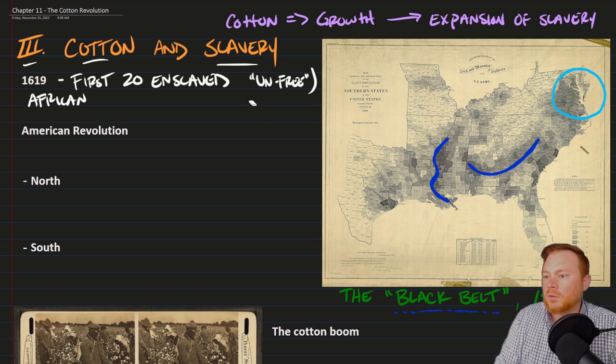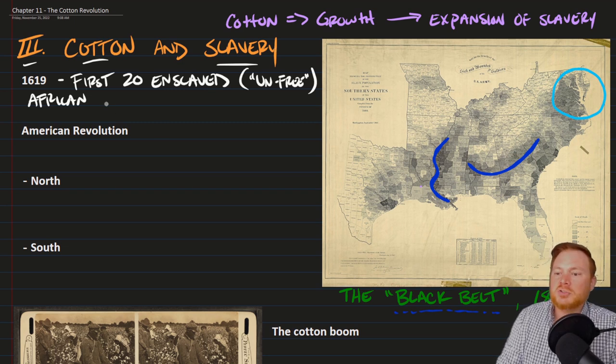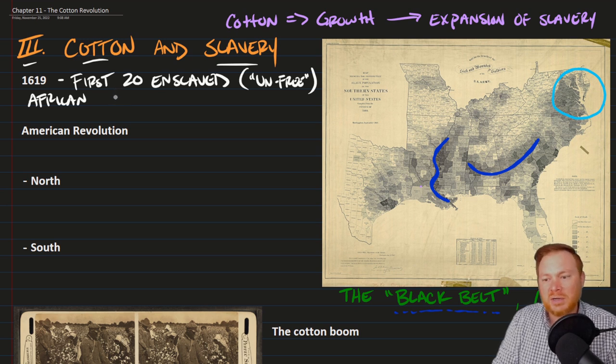My guess is because by 1619, Virginia hadn't developed the slave codes yet, or the laws that regulated slavery. And so, if you want to make a distinction between unfree and enslaved, you could do that, I suppose. But more often than not, we consider 1619 to be the year that slavery arrived in the North American English colonies, the first 20 enslaved Africans brought to Jamestown.